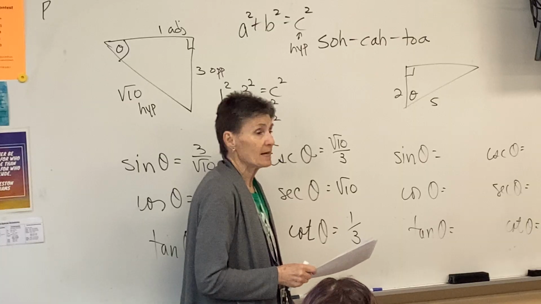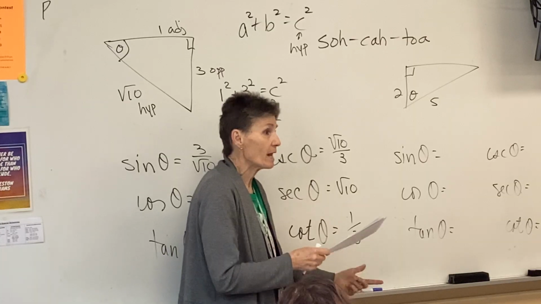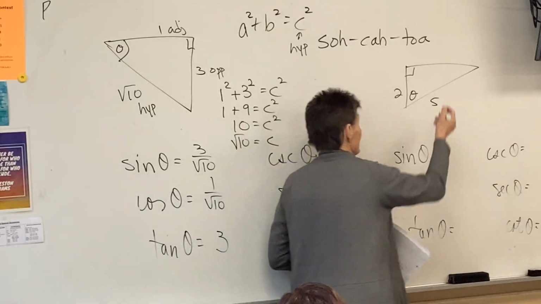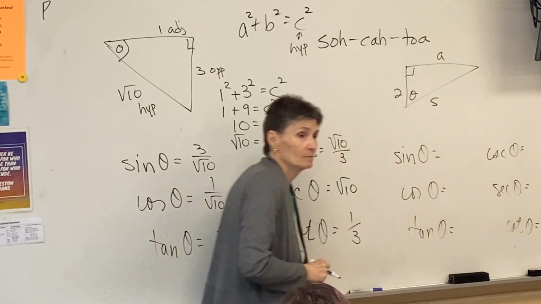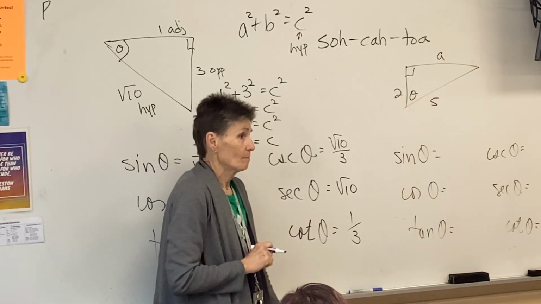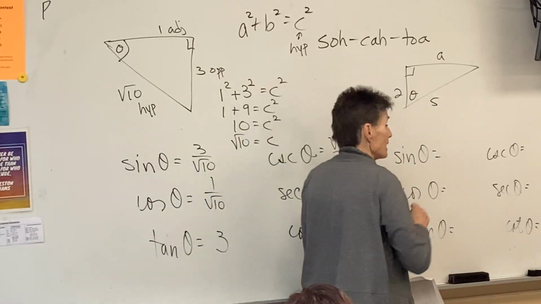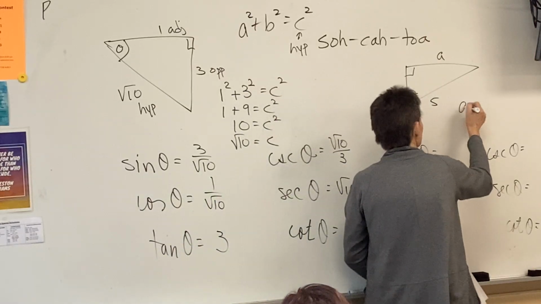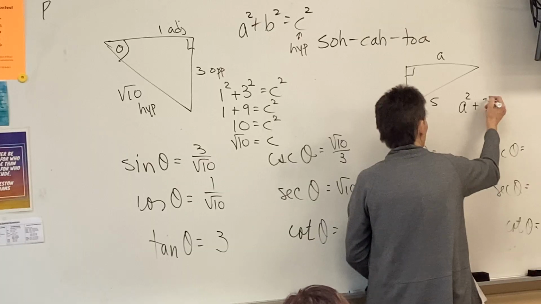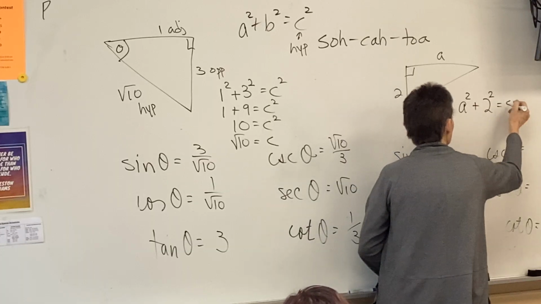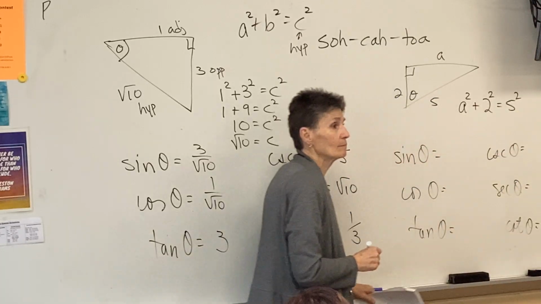So we are missing one of the other sides, either A or B, and it doesn't matter, I'm just going to call it A. Call it whatever you want. What does the Pythagorean theorem say then? A squared plus 2 squared equals 5 squared?